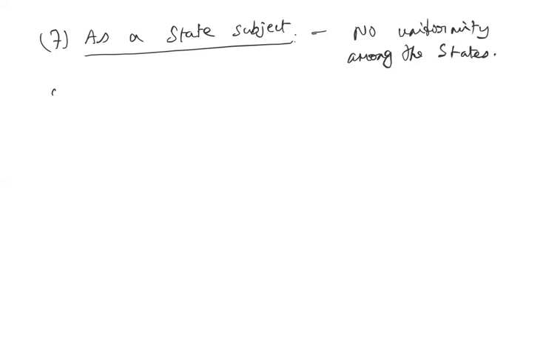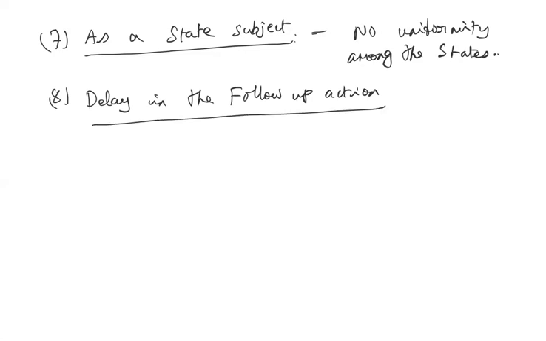Okay, and finally, delay in the follow-up action. I mentioned to you there are a lot of loopholes there, isn't it? Especially in the ceilings on land holdings, how much land is declared as surplus, how much the government is taking over, and how much the government is distributing.